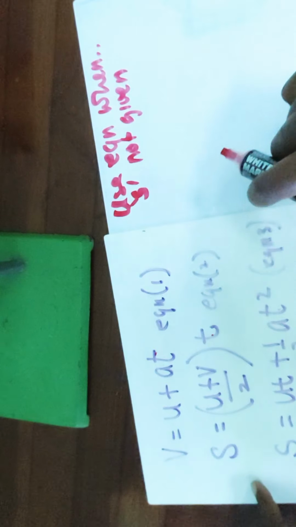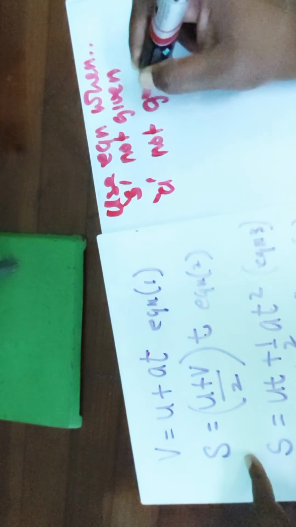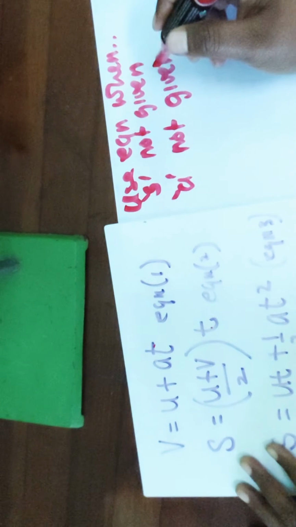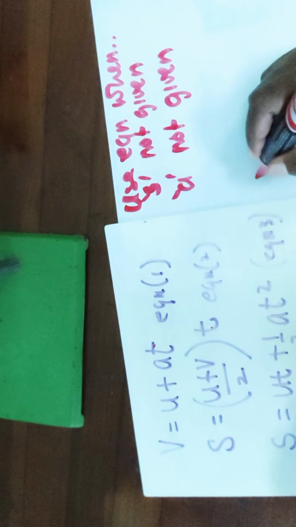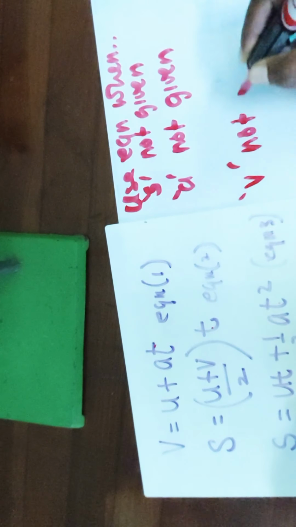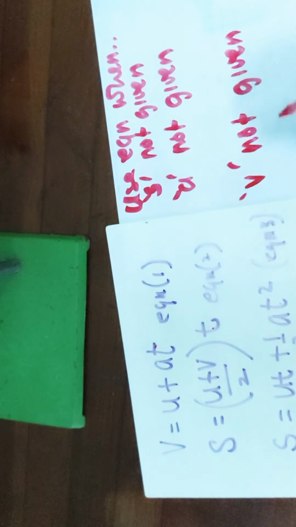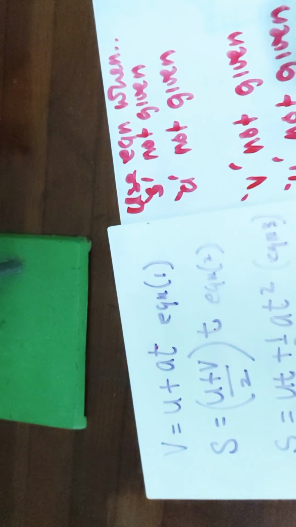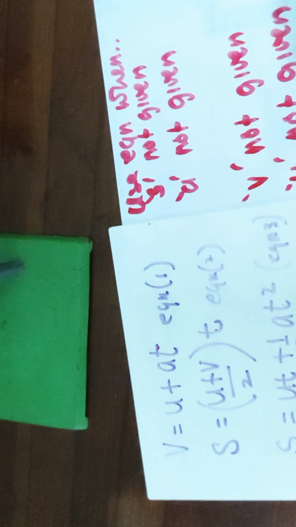We use the second equation when a is not given. We use the third equation when, what variable is missing here? v is not given. We use the next equation when u is not given, and we use the last equation when t is not given.